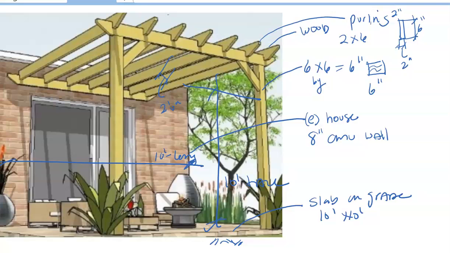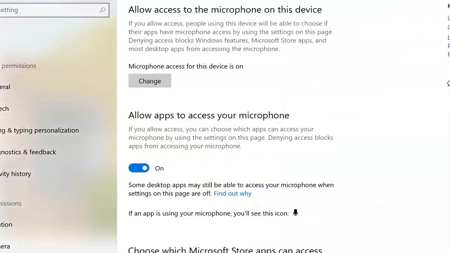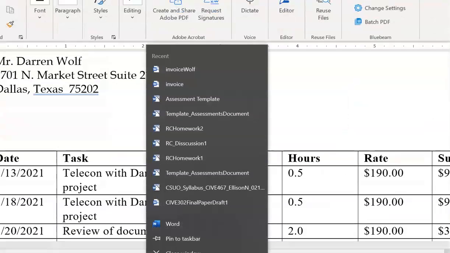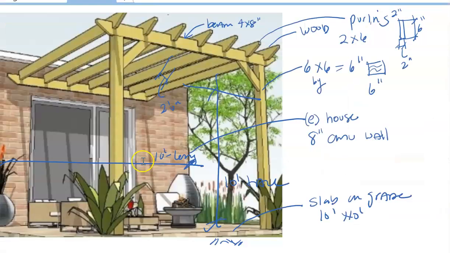And then I think I said here, those are being supported by this beam right here. So here we have a beam, and I think I said it was 4 by 8. So if I drew that beam, this beam is 8 inches deep, and it has a thickness of 4 inches.